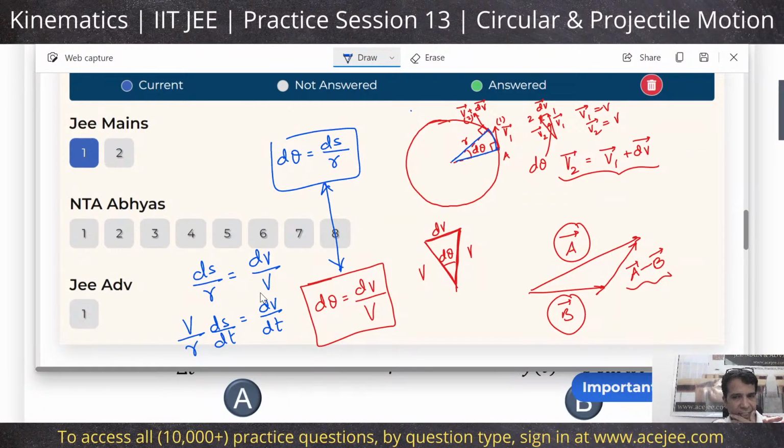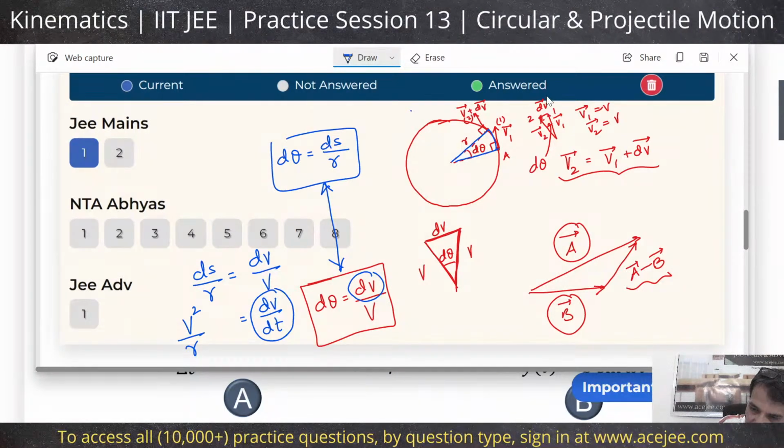So ds by dt, distance by time, is speed. This is v. Another v. So can I say v square instead of writing v separately? And what is dv by dt? By the way, we're dealing with the magnitudes here. dv by dt is the acceleration. And what is the direction of the acceleration?